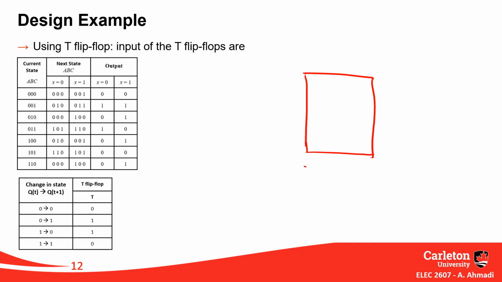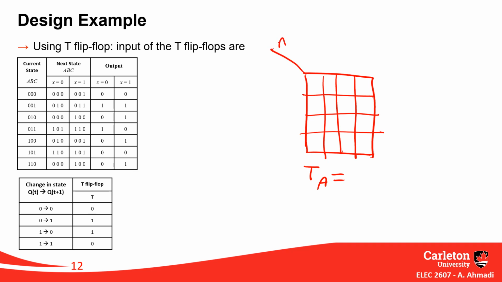Let's say I want to figure out how TA should be calculated. What are my inputs? A, B, C, and X. Now, look into the table. If current state is 0, 0, 0, and your input is also 0, A is 0, B is 0, C is 0, X is 0.